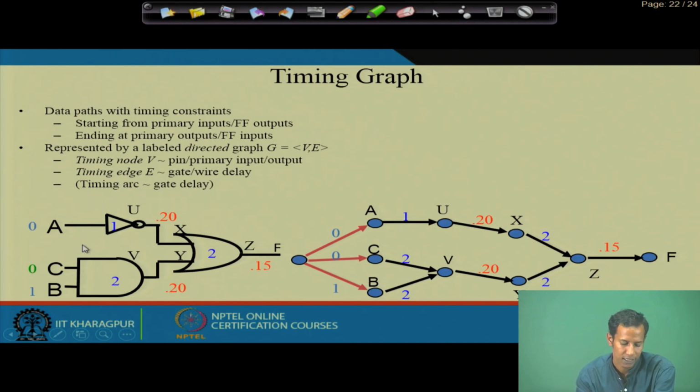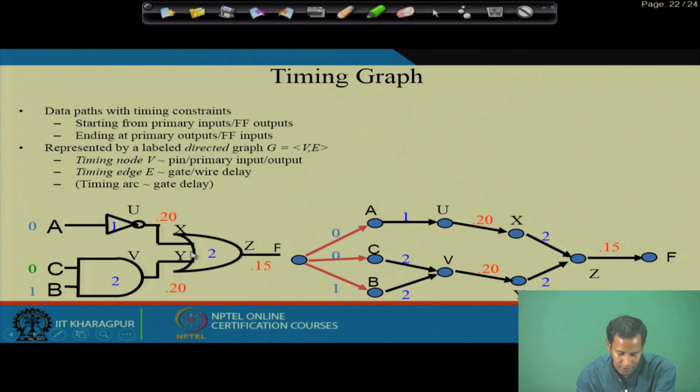It has three input variables A, B, C, with input delays 0, 0, 1 at A, B and C, and 1, 2, 2 are the delays corresponding to each gate.